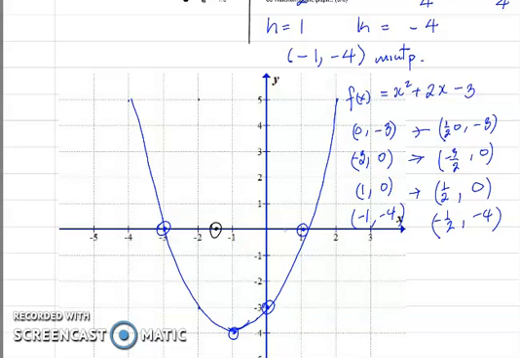Half, 0, that point moves and comes here. And the turning point moves to -1/2, -4, which is here. All right, so we should have enough now to sketch our graph.